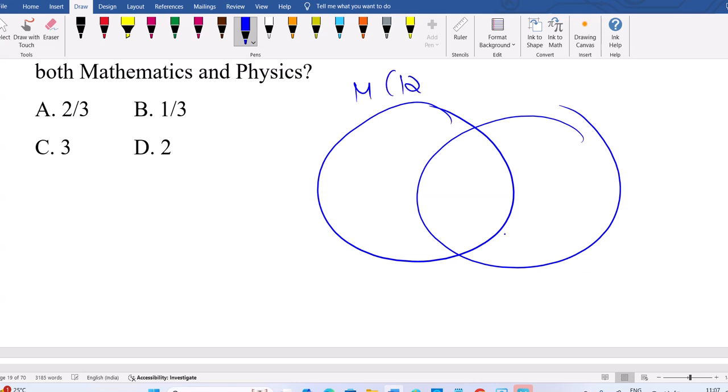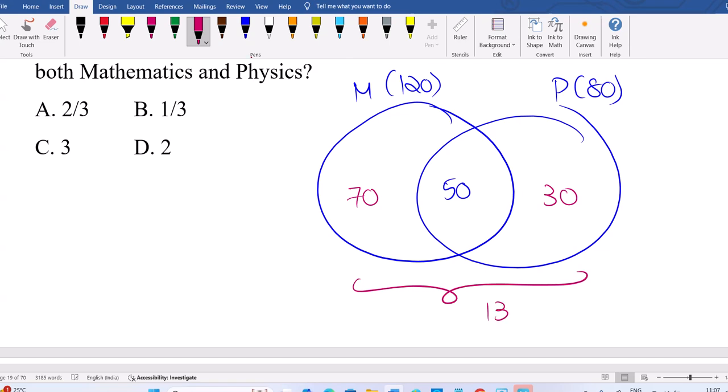Mathematics 120, physics 80, 50. Who is in maths also enrolled for physics? Then this is 70, this is 30. This area totally 150, sorry: 70 plus 50 plus 30, 150. You see that this total area is 120, this area 70, this right side area 30.